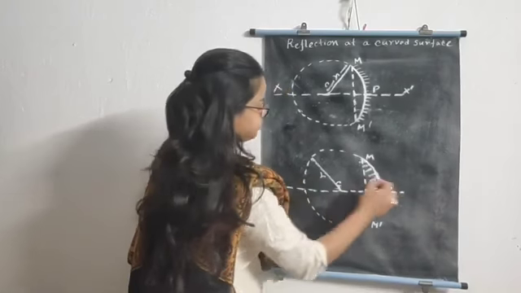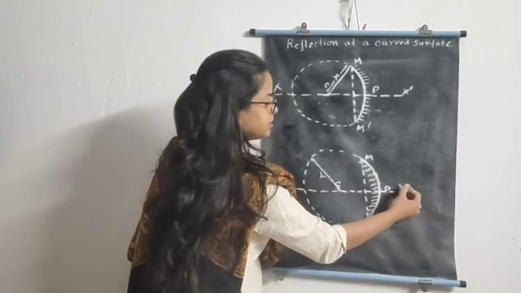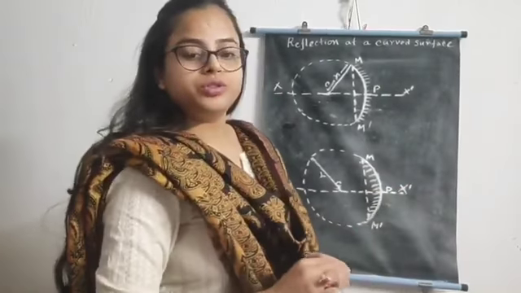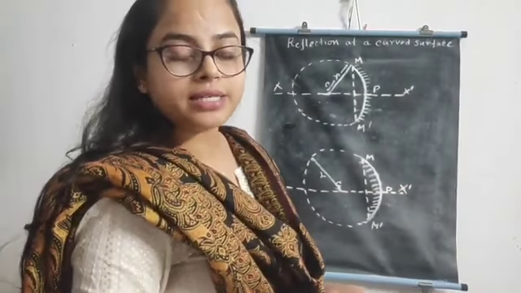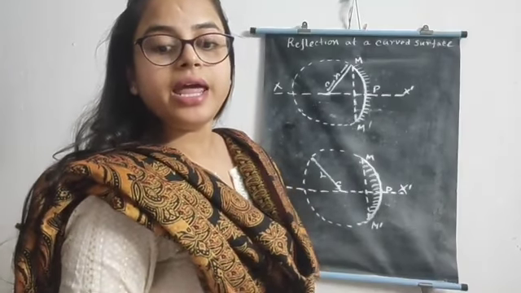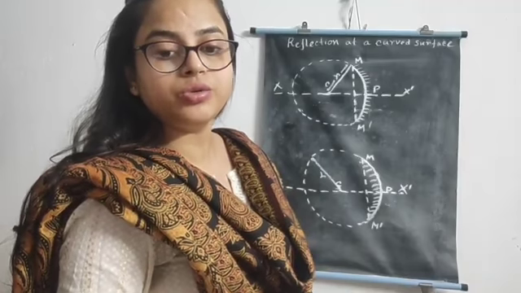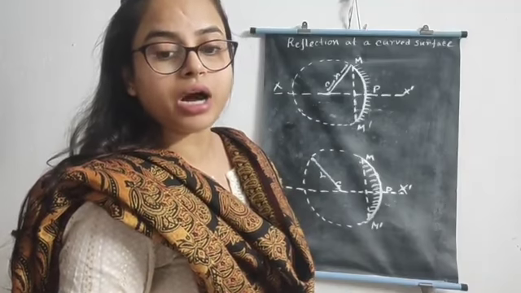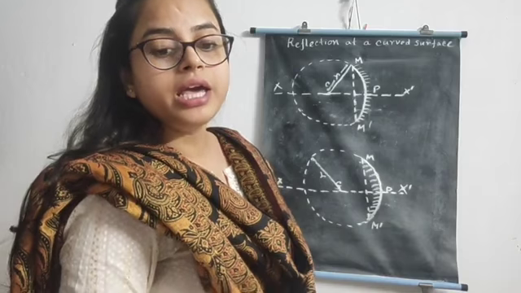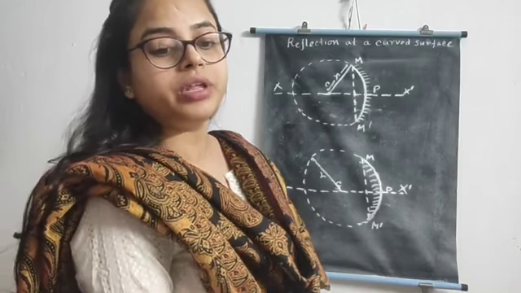It's a straight line. So the definition of principal axis says the straight line X dash passing through the pole and the center of curvature of the spherical mirror is called the principal axis of the mirror.